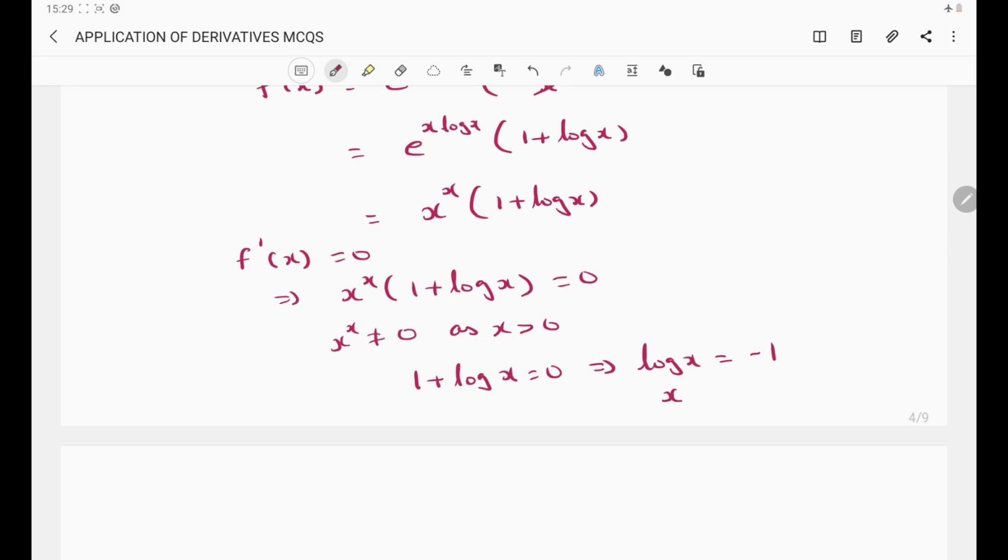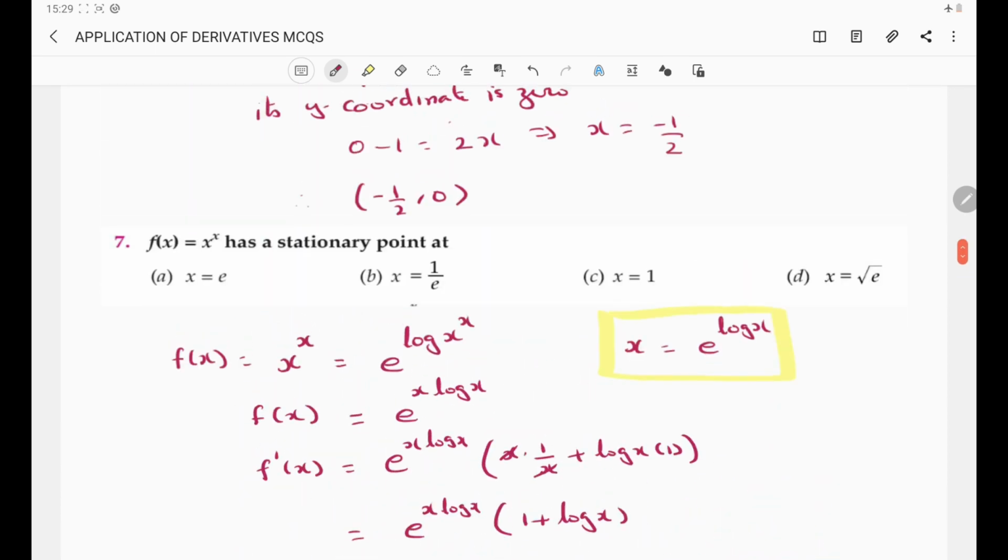So you can write x is equal to e to the power of minus 1 in the exponential form. We can convert logarithmic form to the exponential form by writing log x equal to minus 1 as x equal to e to the power of minus 1, or 1 by e. So this will be the stationary value. So x equal to 1 by e is the right option. So option B is the correct answer.